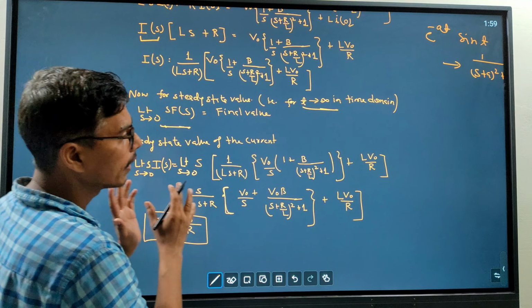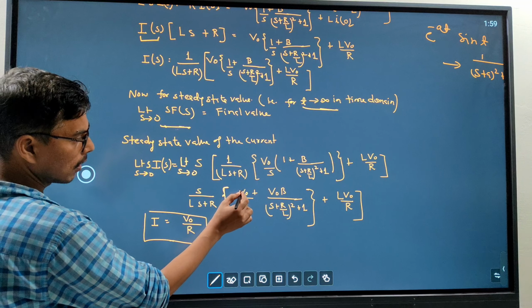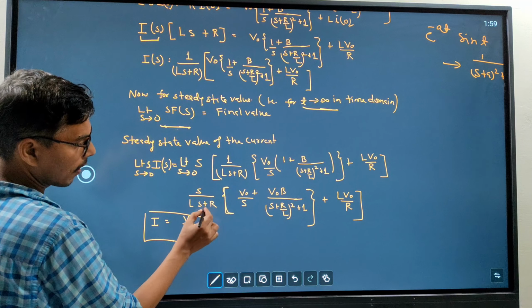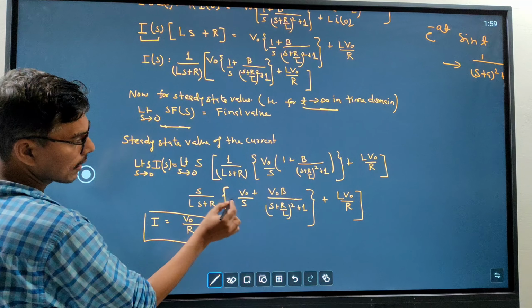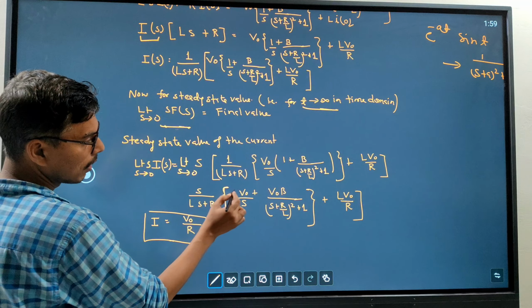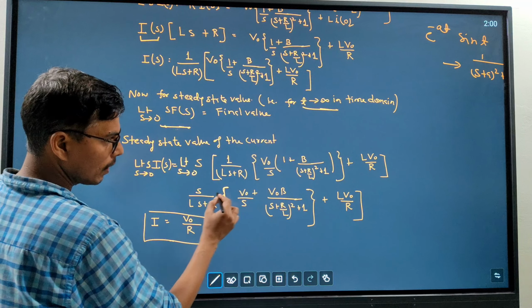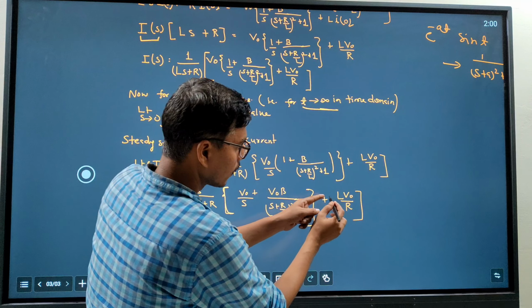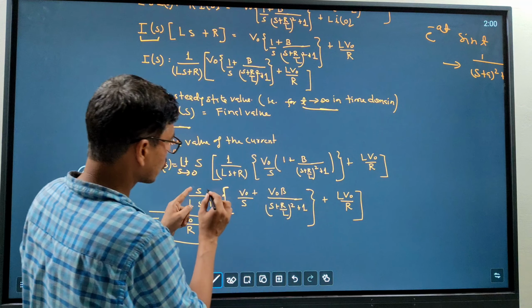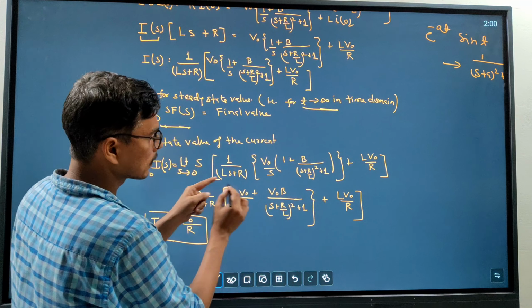Just put s equal to 0. When you put s equal to 0, in this factor the s will cancel, leaving V naught by R. This will become 0. There is no 1 by s term here, so this s will remain in the numerator and make it 0. Similarly, here there is no s in the denominator, so this s will remain in the numerator; with s tending to 0, the entire part will become 0.